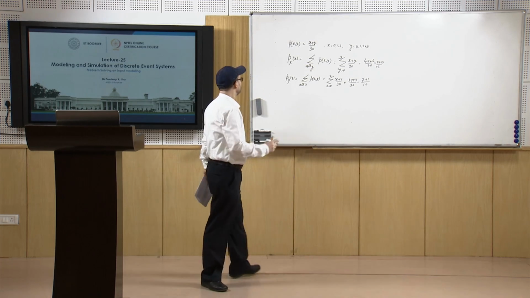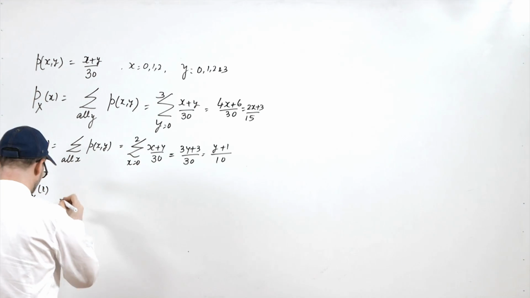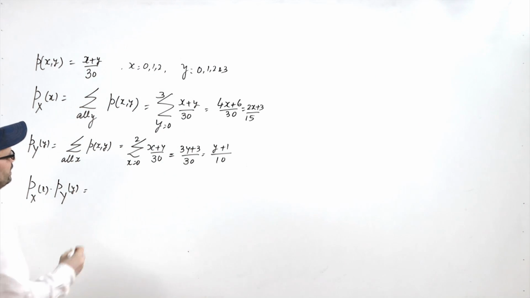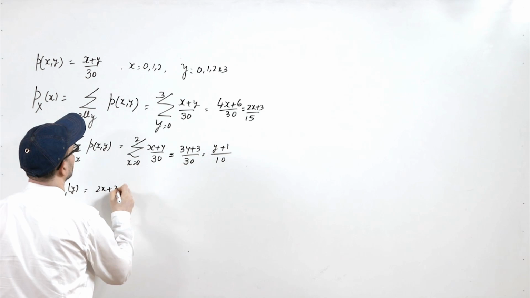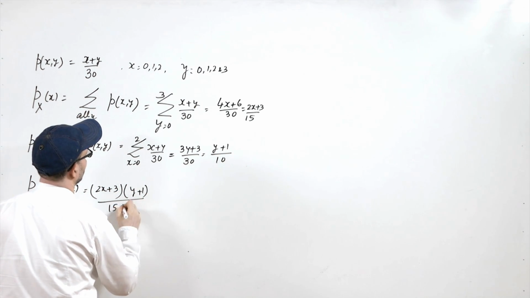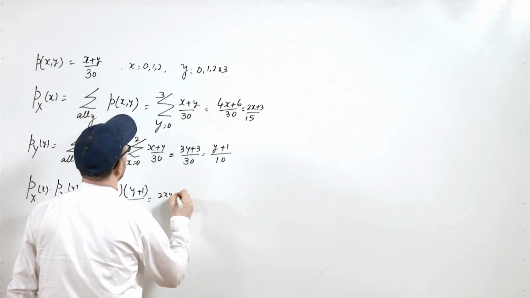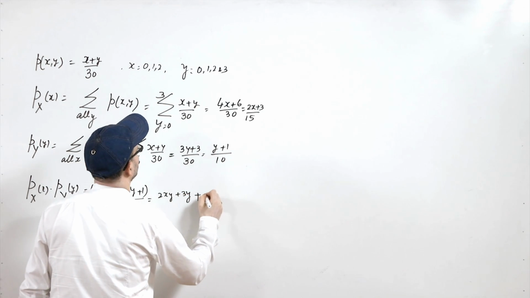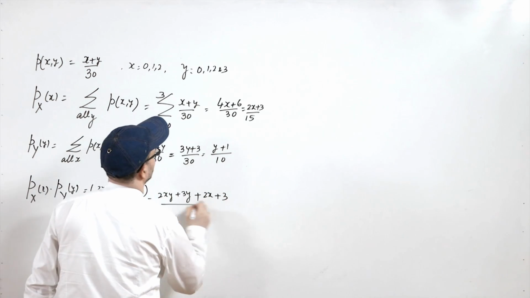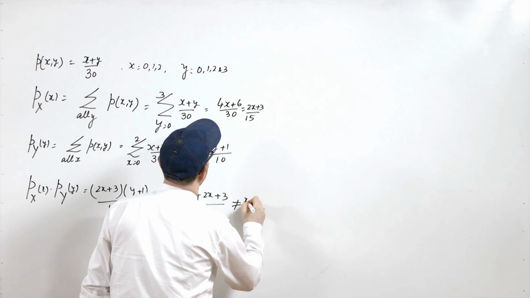Now we find pX(x) into pY(y). If we do the multiplication, it will be (2x plus 3) into (y plus 1) by 15 into 10, which is (2xy plus 3y plus 2x plus 3) by 150. What we see is this is not equal to (x plus y) by 30.